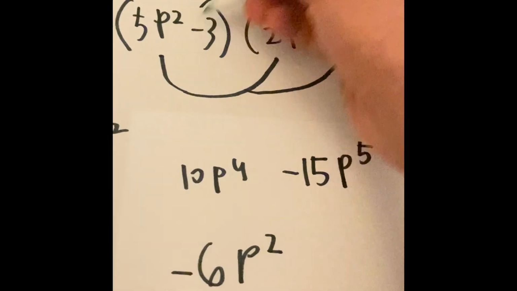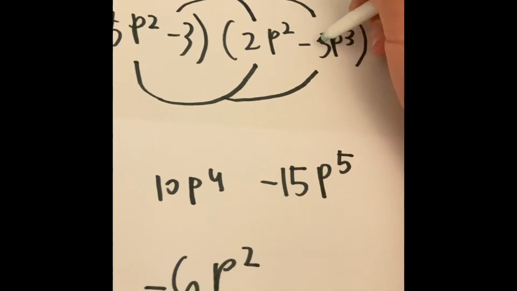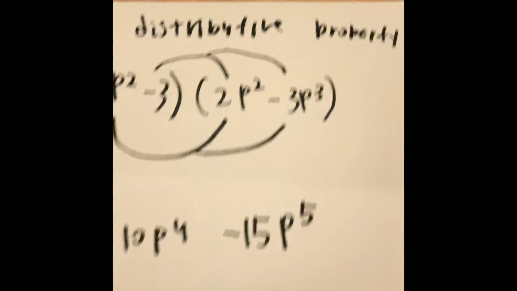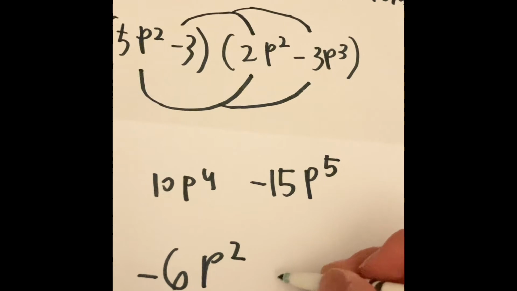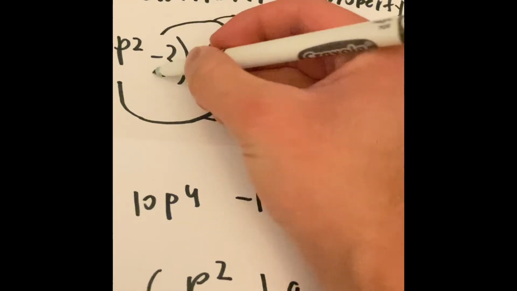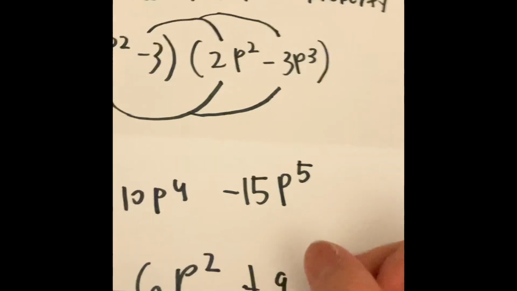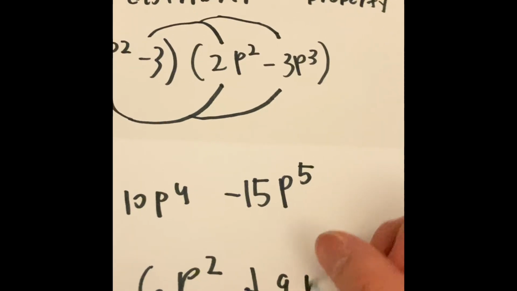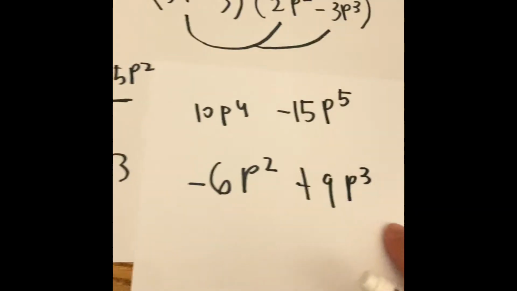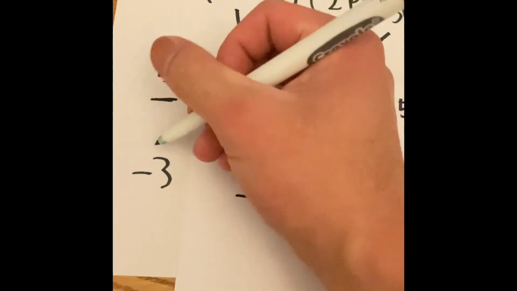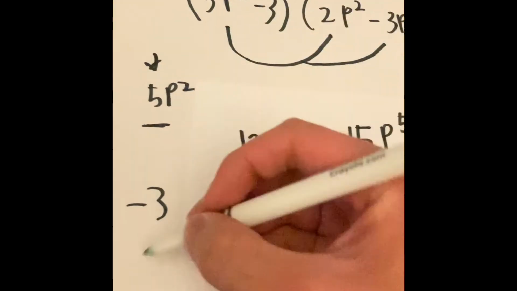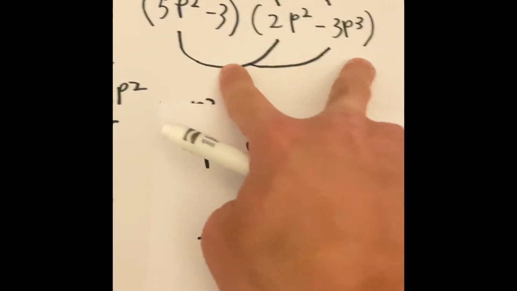And negative 3 multiplied by negative 3p cubed, we will get positive, because negative times a negative is a positive, positive 9p cubed. And that is going to be our expression for our lead number, which is negative 3. The lead numbers are known as the ones that you have to multiply.